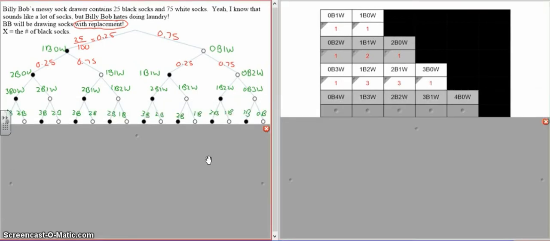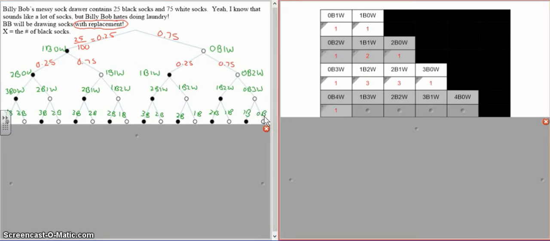To conserve space, I just wrote down the number of black socks, not the number of white socks. To get 0 black socks, there's just this 1 branch here. To get 1 black sock, there's 1, 2, 3, 4 branches. To get 2 black socks, there's 1, 2, 3, 4, 5, 6 branches.